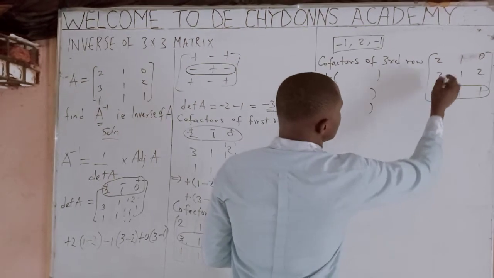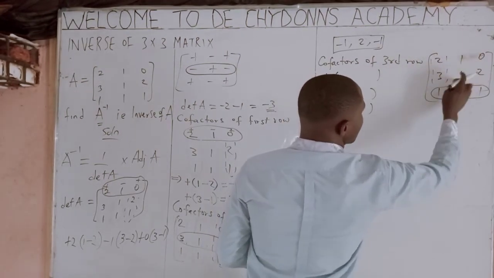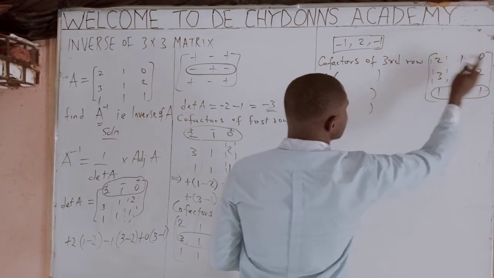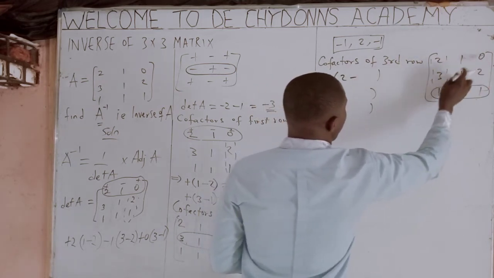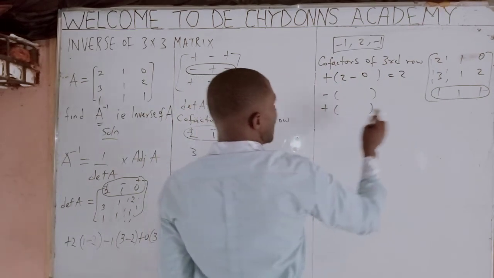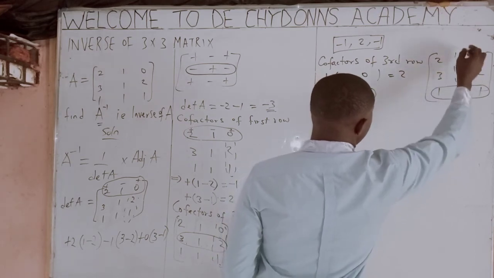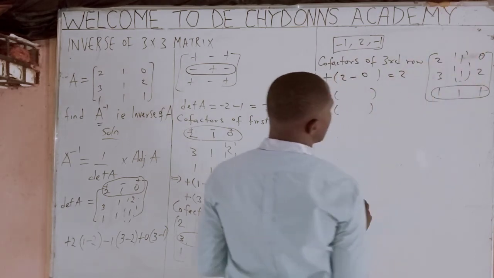When you hold the first column, 4 elements will appear. Get the determinant. 1 times 2, 2, minus 1 times 0, 0. That will be giving me 2. Then I clean the first column I held before. Hold the second column.